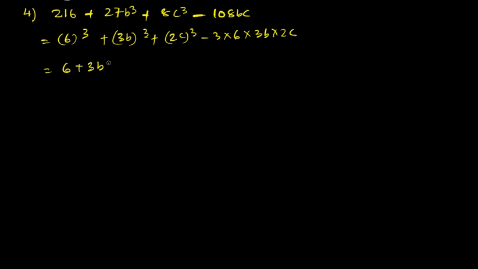So (6 plus 3b plus 2c) times (36, 9b square, 4c square, minus ab, minus bc, minus ac).